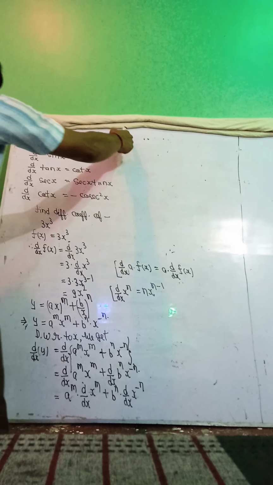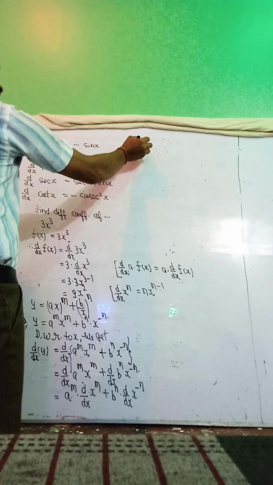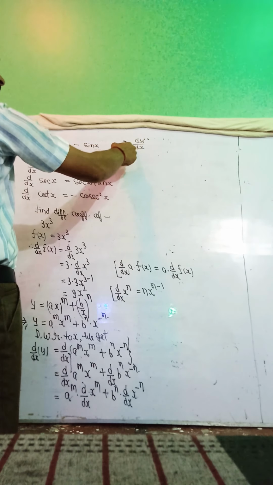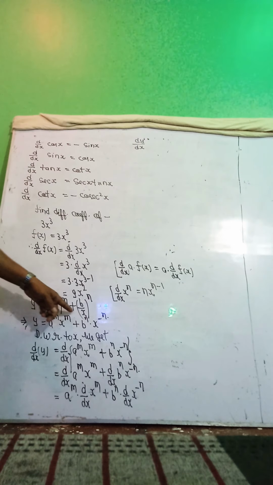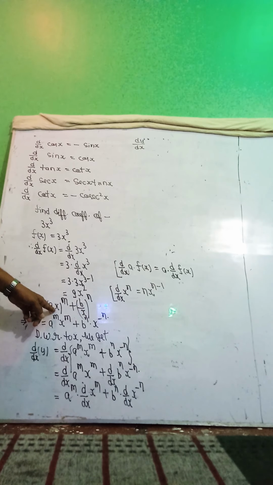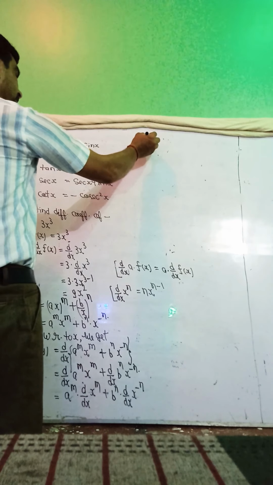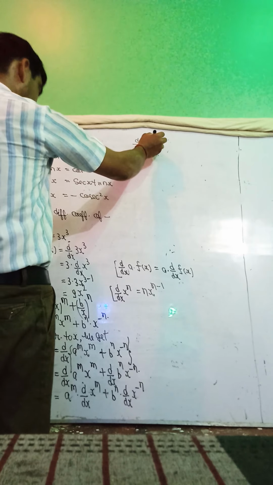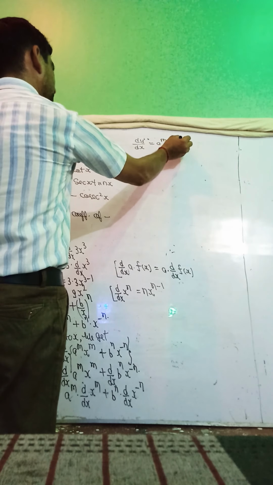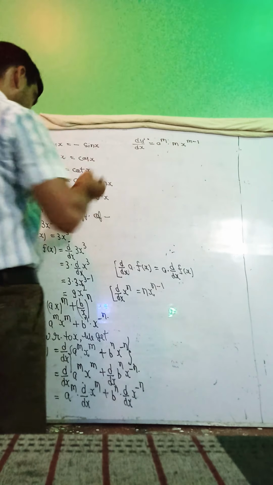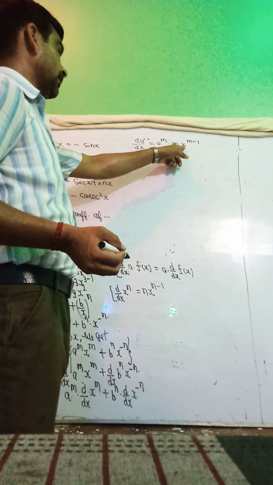See here, dy over dx, which is differential coefficient with respect to x of given function y, which is addition of two functions (ax) whole power m plus (b by x) whole power n is equal to, we may write a power m into m x power m minus 1, because you know d/dx x power n is equal to n x power n minus 1.